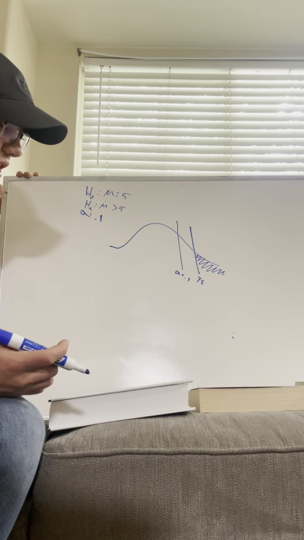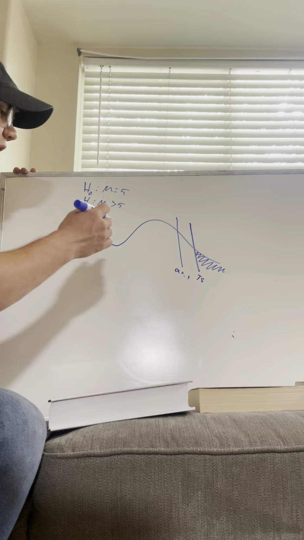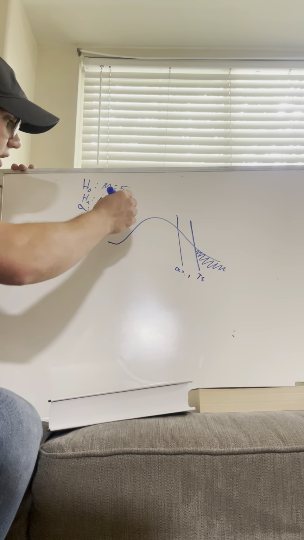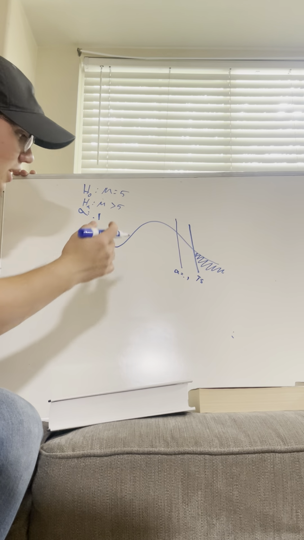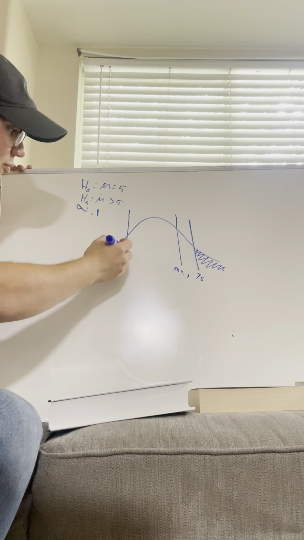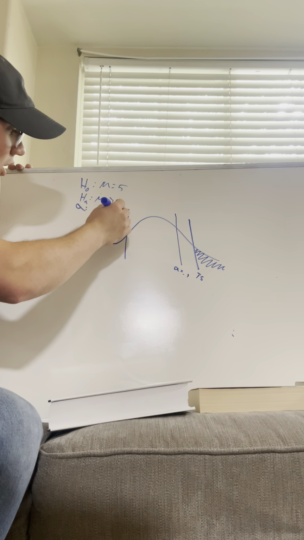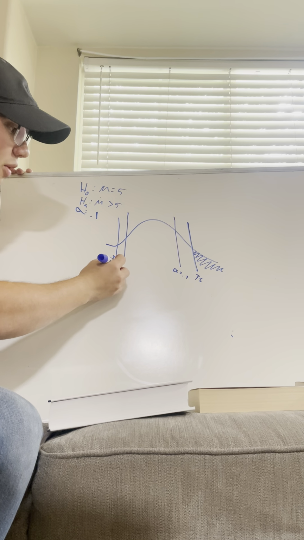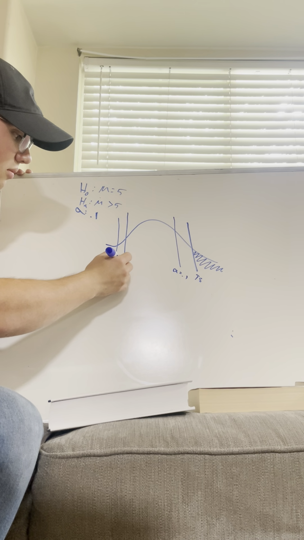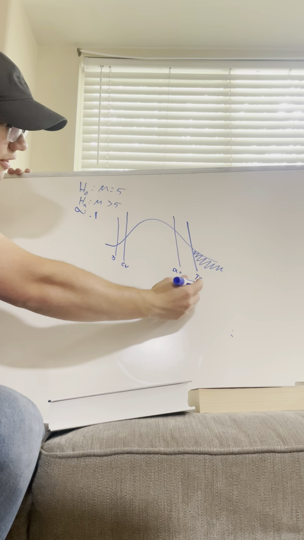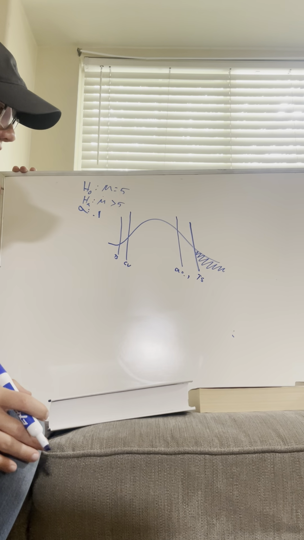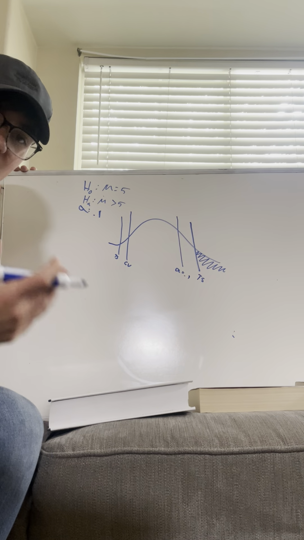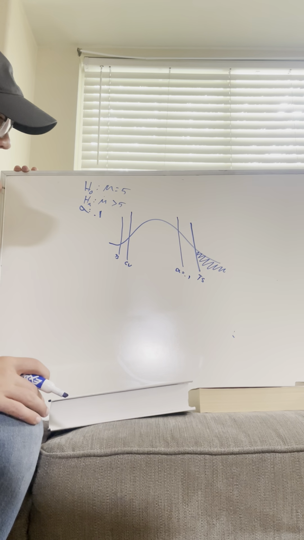By more extreme, I specify more extreme because if we were doing a test on this bottom part of the curve, we would be looking for a test statistic that was smaller than the critical value. Whereas here on the upper end of the tail, we're looking for a test statistic that's greater than the critical value, right?